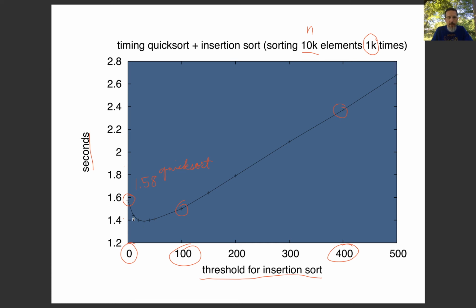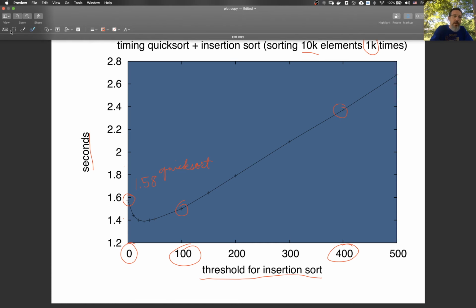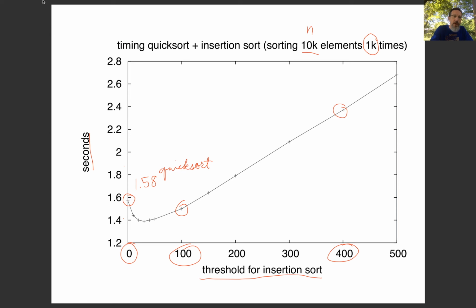Gotta love technology. The running time actually decreases along this curve until we get to a minimum down here of about 1.4. And then it increases again. Now, why does it go down?